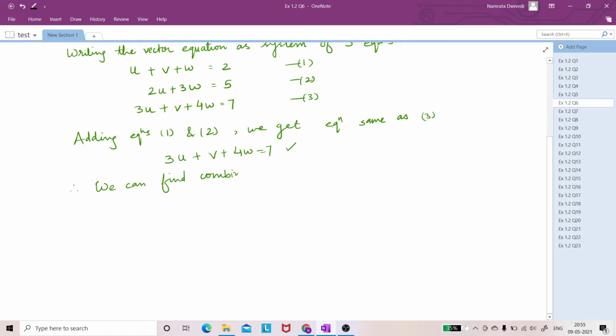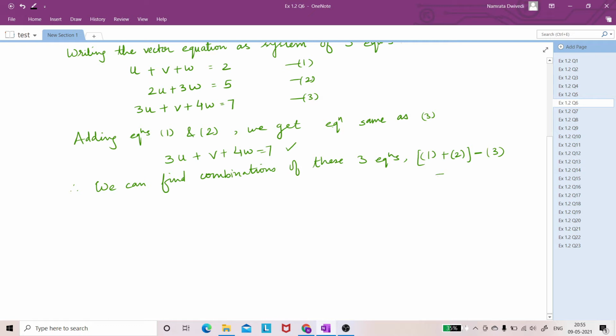Therefore we can find combinations of these 3 equations. For example, here we can write equation 1 plus equation 2, and this addition will be subtracted from equation 3.